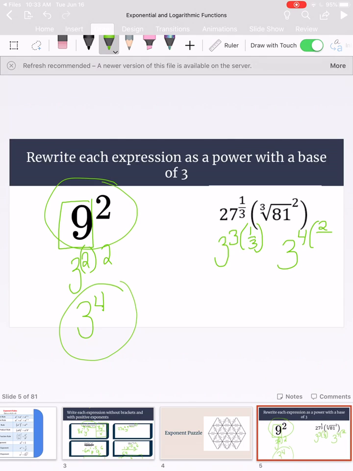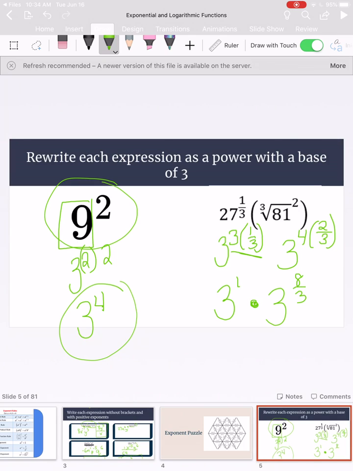And remember, when you're writing your fractional exponent, the index of the radical is always the denominator in your fractional exponent. So my index is 3, meaning my denominator would be 3. So now I have 3 times 1/3 is just 1, right? Those 3's cancel out. And I'm going to put the 1 there. 4 times 2 over 3 is 8 over 3.